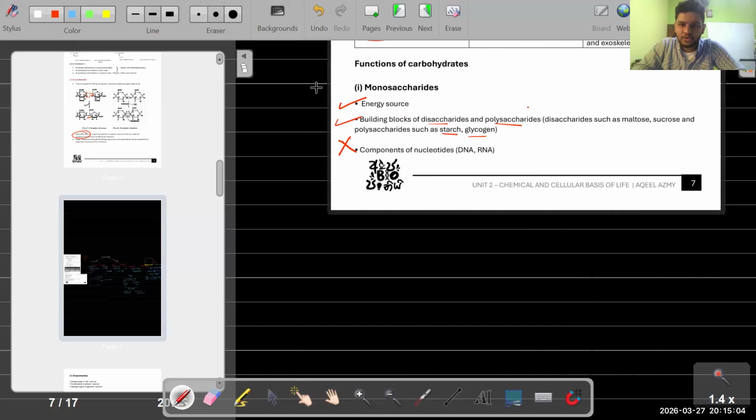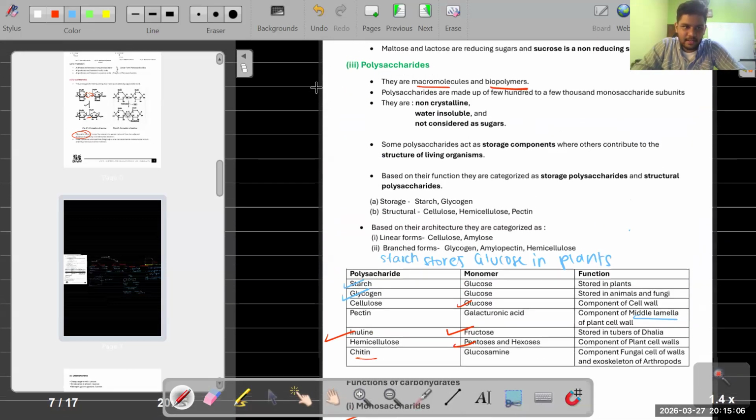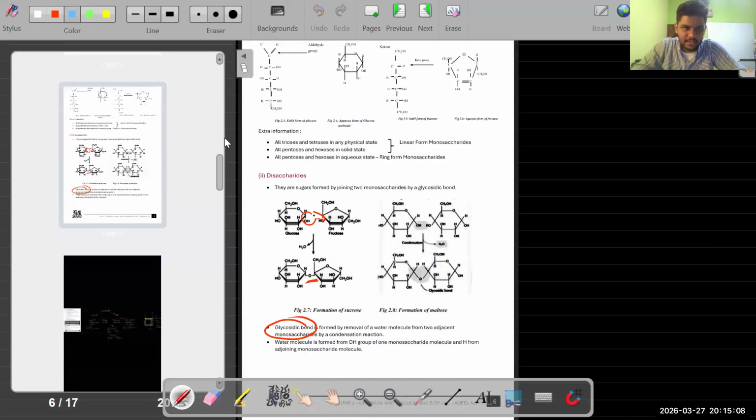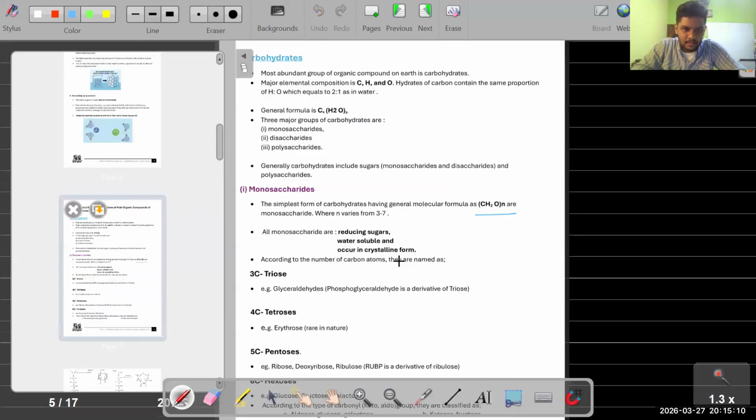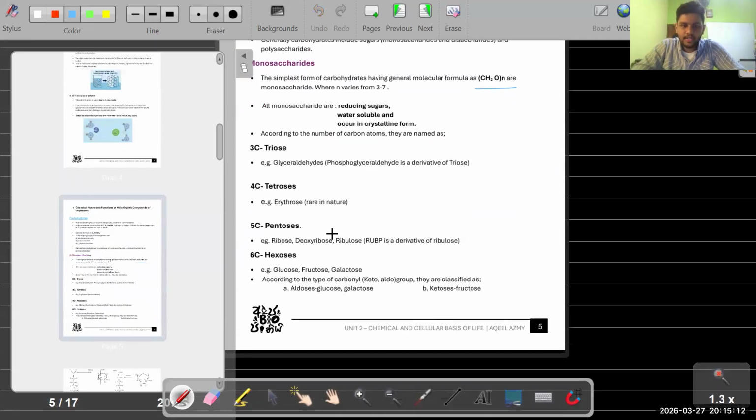Let's go back to the pentose sugar part in our A level. Right, now we have learned about pentose sugars, right? Let's go back. For DNA, among these three, what can be the pentose sugar? Just give a guess. For DNA, from these three, the pentose sugar can be ribose, deoxyribose, or ribulose.